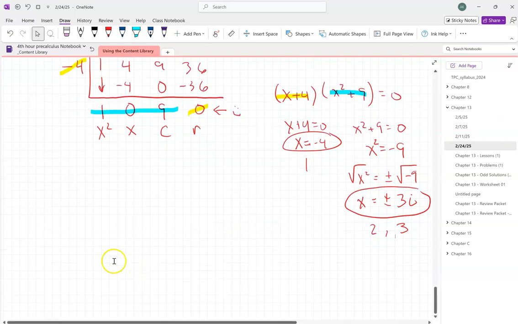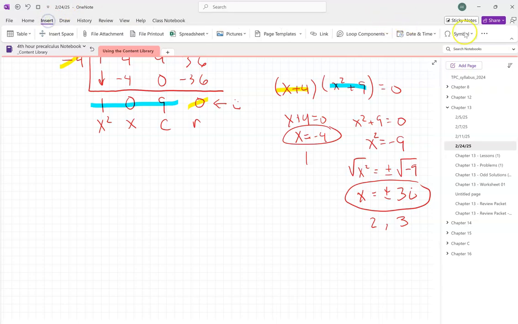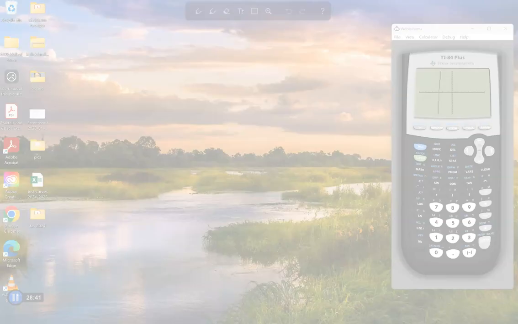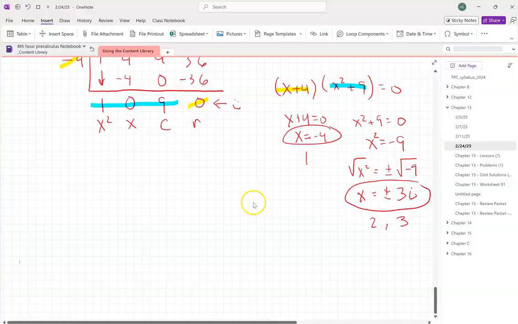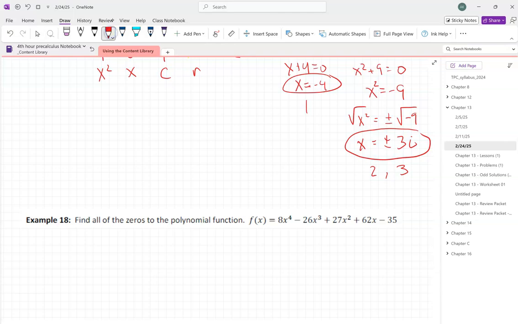Let's do that again. Okay, so again, start with the fundamental theorem of algebra. Because it's a degree 4, it tells me I have 4 solutions.